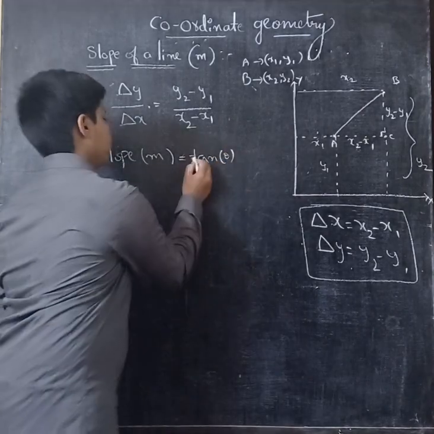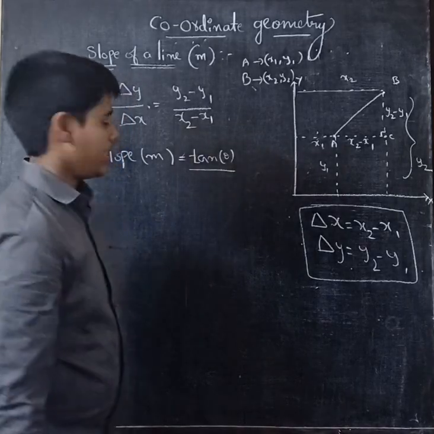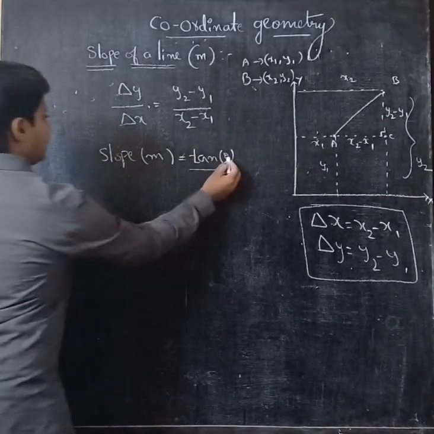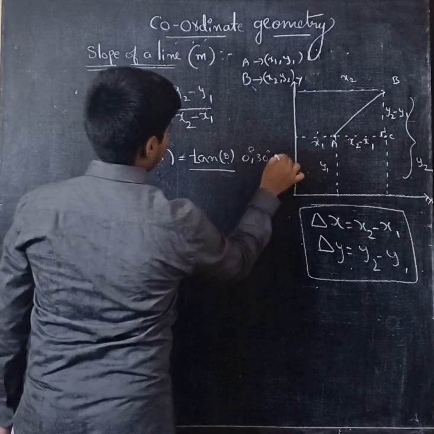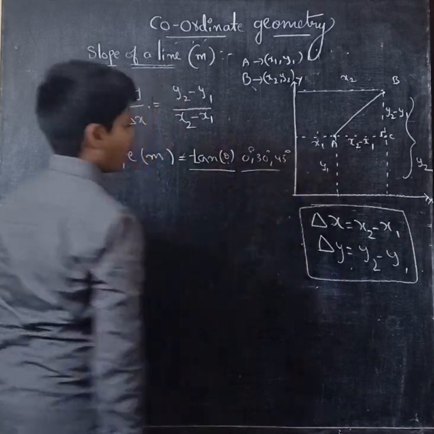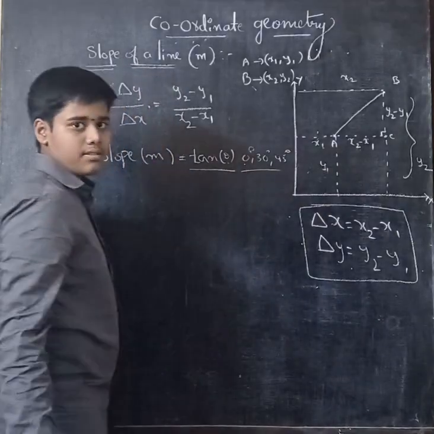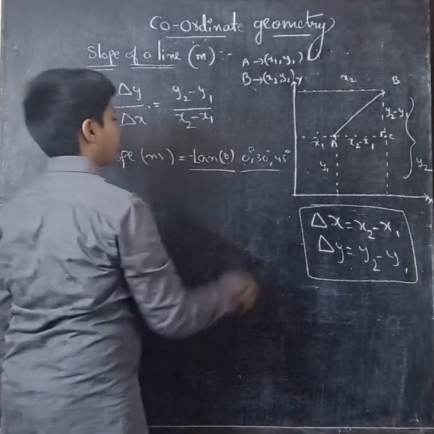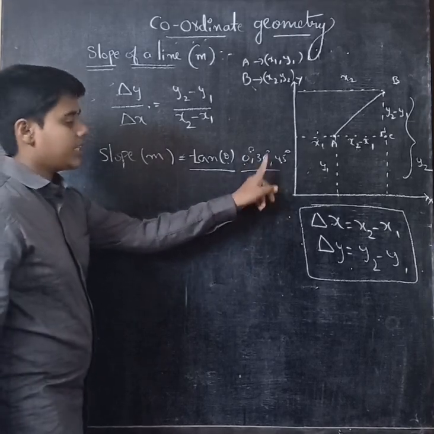Do you know tan? This is a trigonometric function, tan theta. Okay, so here by the values of theta, 0 degrees, 30 degrees, 45 degrees, the slope varies. Tan 0 means 0, tan 30 means 1 by root 3, tan 45 means 1. There is a variation from 1 degree to 1 degree.